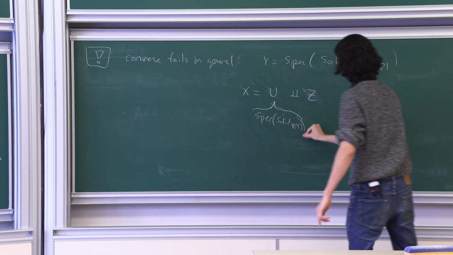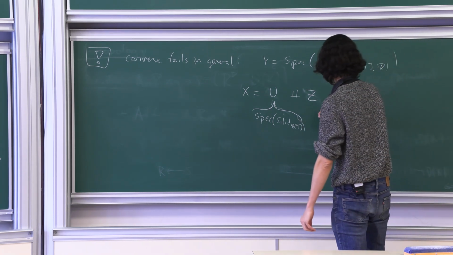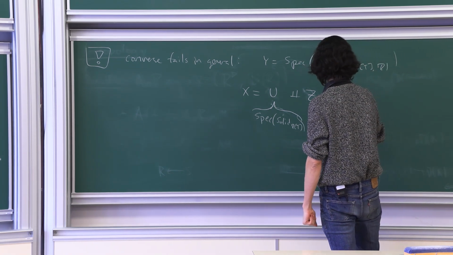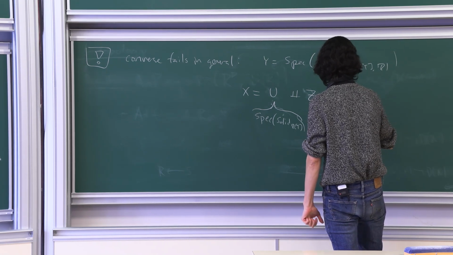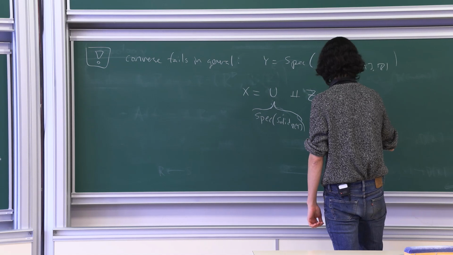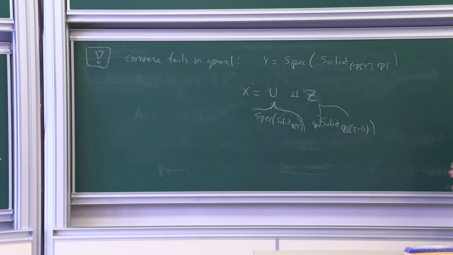So solid Z[t] sitting inside solid Z[t] will be U, and then this is the complementary piece, solid Z Laurent series in T inverse, spec. Spec is just this formal notation for passing to the opposite category.